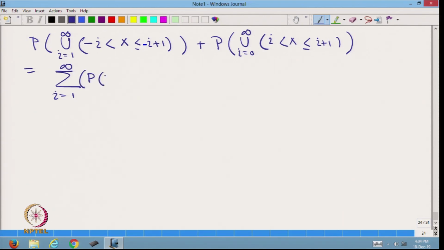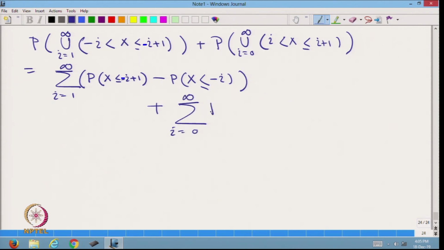sigma i is equal to 1 to infinity probability x less than or equal to minus i plus 1 minus probability x less than or equal to minus i, plus sigma i is equal to 0 to infinity probability x less than or equal to i plus 1 minus probability x less than or equal to i.